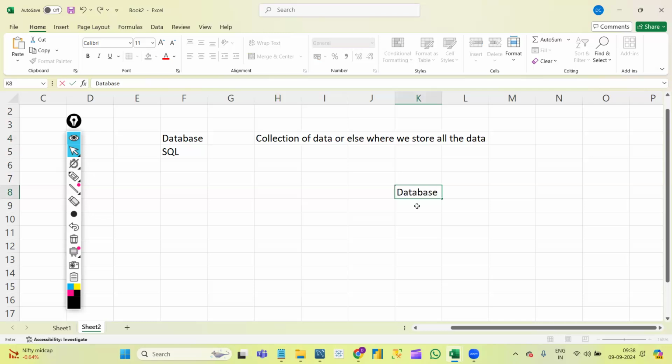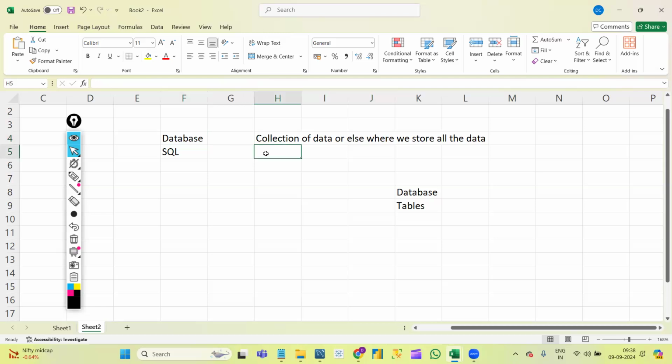Inside the database, basically we will create tables. We will store data in the form of tables. Let's leave this for now, I will explain this also with one example. For now, just concentrate on this: a database is nothing but a collection of data, where we will store all the data, and we call it a database.